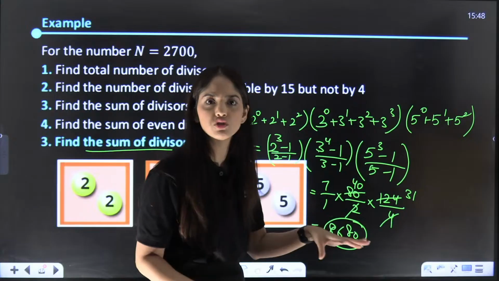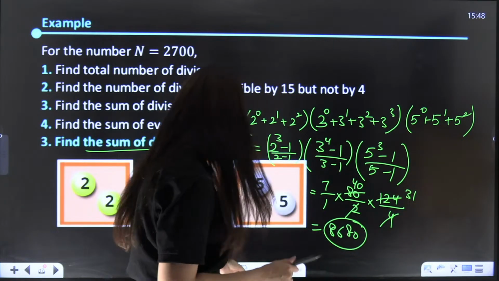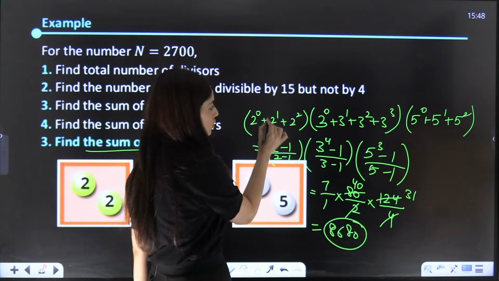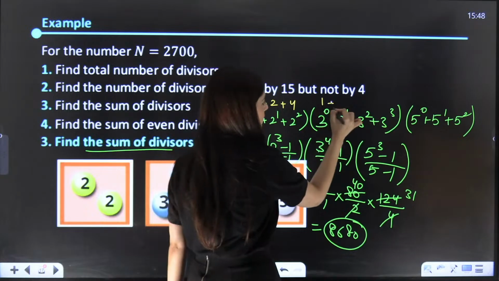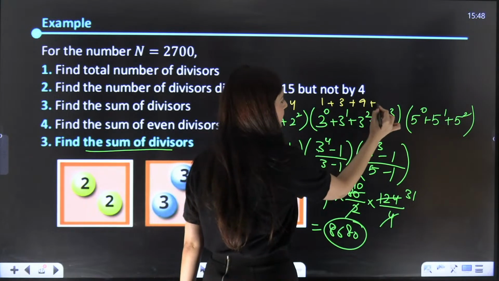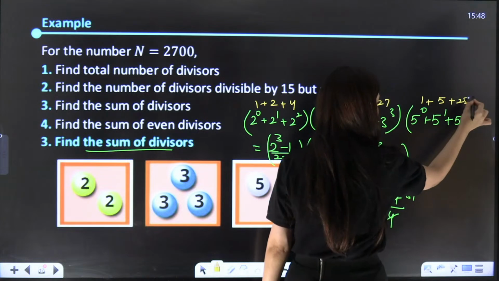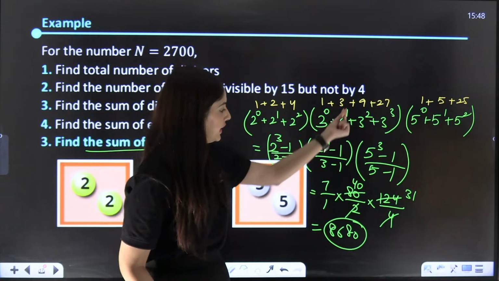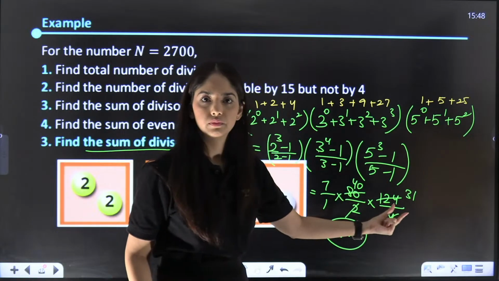If you do not know GP yet, then you can just simplify all of this. 1 plus 2 plus 4, 1 plus 3 plus 9 plus 27, 1 plus 5 plus 25. So here we will get 7, here we will get 40, here we will get 31.